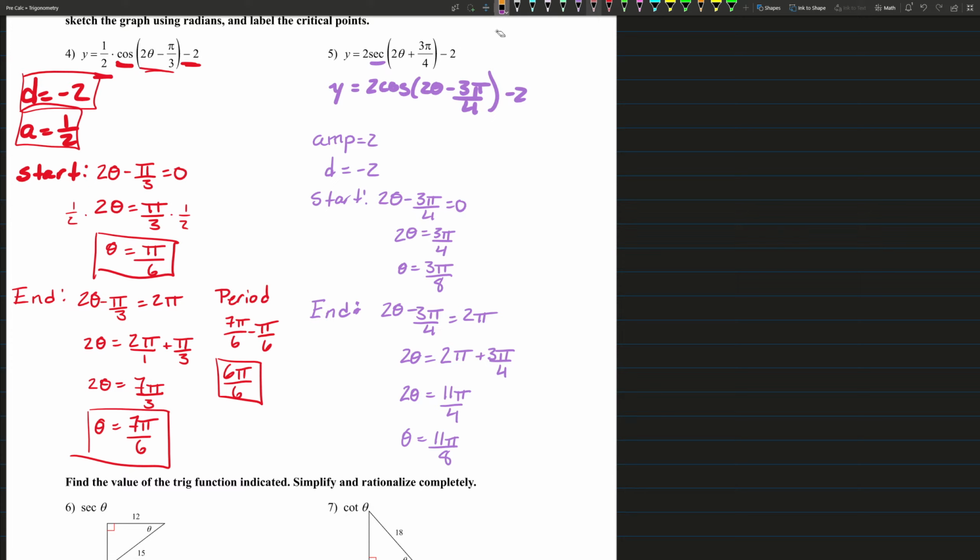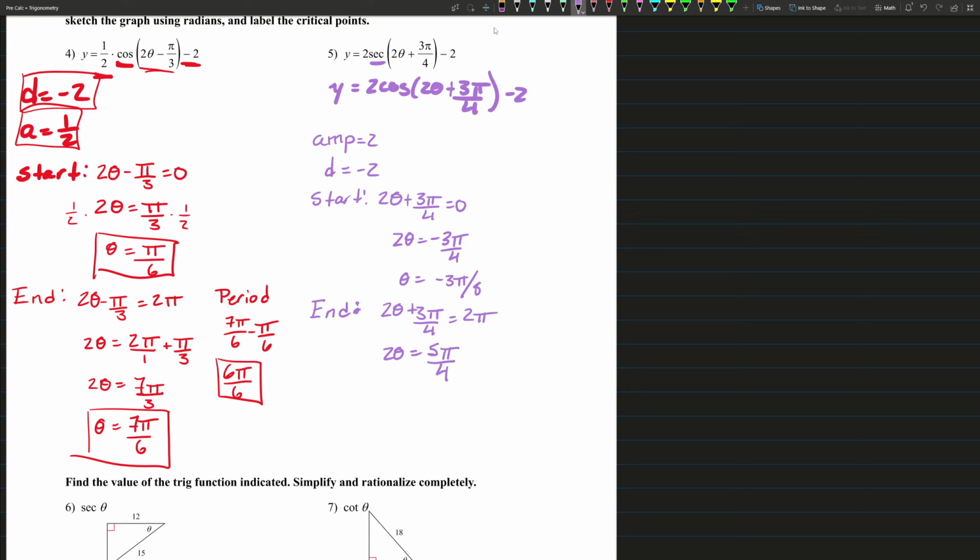These should all be pluses. So that changes some things, but everything else is the same. So we get 2 theta is equal to negative 3 pi over 4. So theta is negative 3 pi over 8. And in this case, we get 2 theta is equal to 5 pi over 4. That's what I was thinking before.